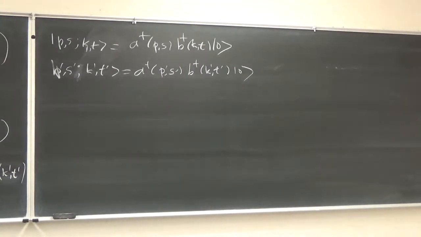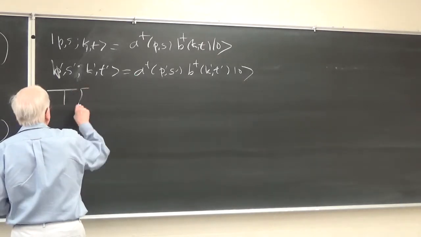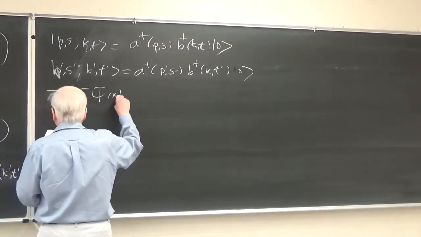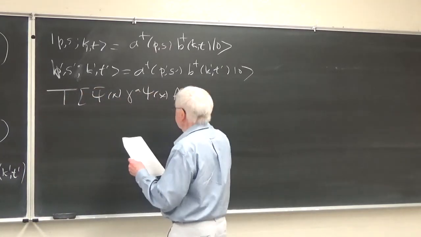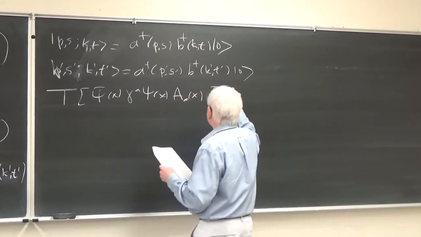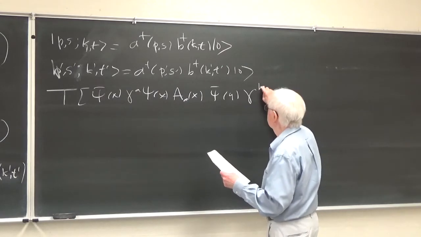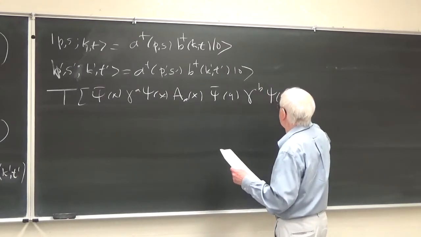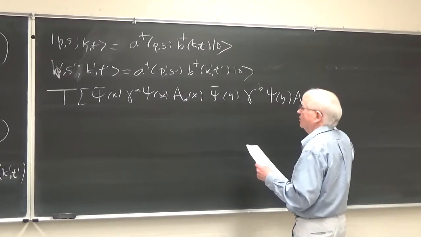Okay, so now let's look at the direct diagram. The direct diagram starts with a time-ordered product, psi bar x, gamma a, psi x, A_a of x, psi bar y, gamma b, psi y, A_b of y.